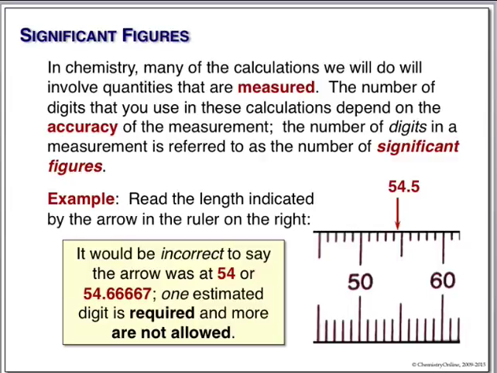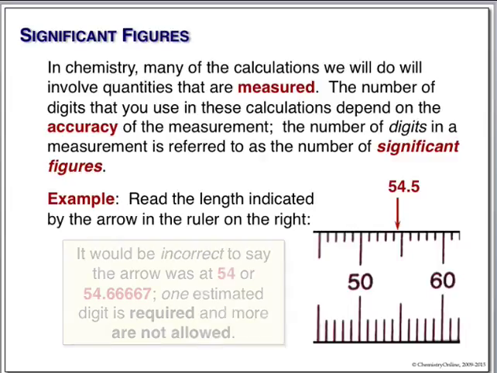When we do significant figures, we're talking about a measurement. The last digit is our best guess. The others we're sure of. But the last digit is a guess. This is about 0.5.